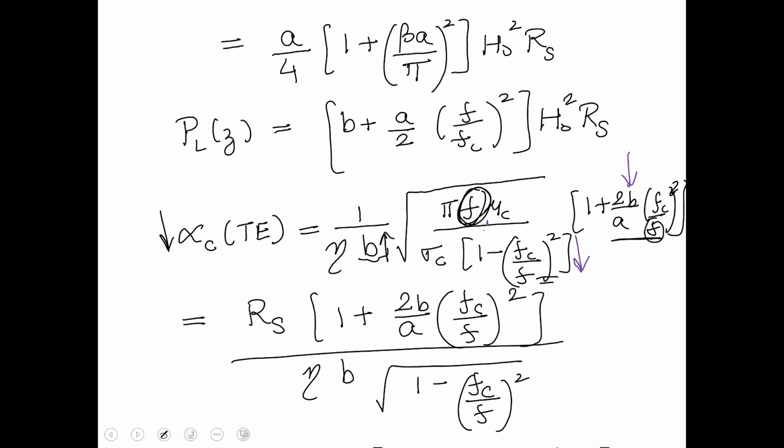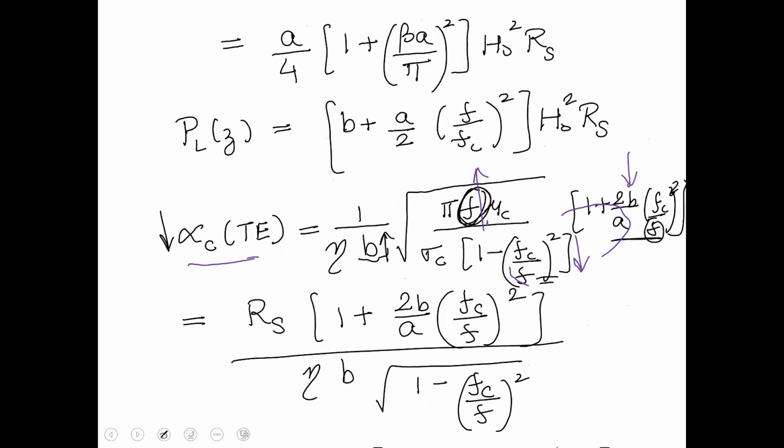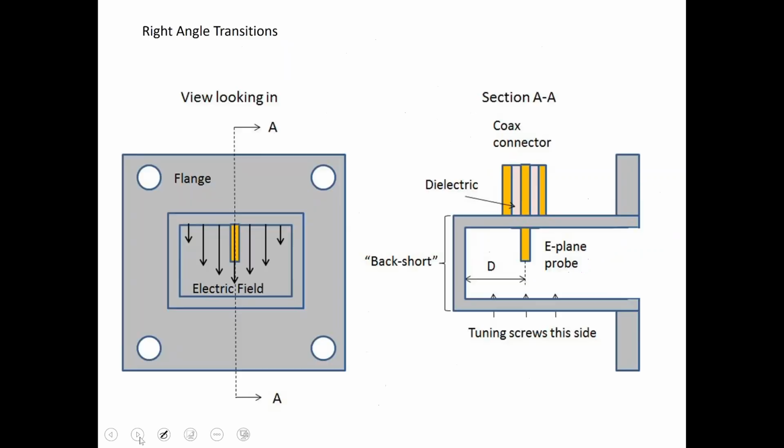But then you have a square root of f term showing up, which increases with frequency. So after some time, when f has become much greater than fc, the effect of these two terms become negligible. And then it tells you that the loss is going to increase nearly as the square root of frequency. So loss is going to start to increase again. It's going to be a different behavior than the parallel plate waveguide.